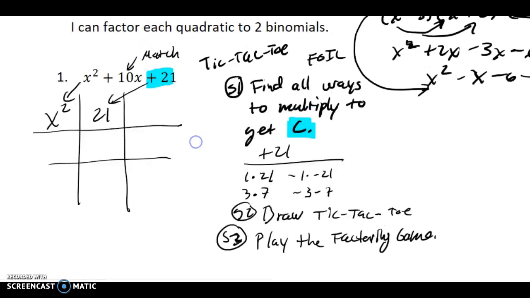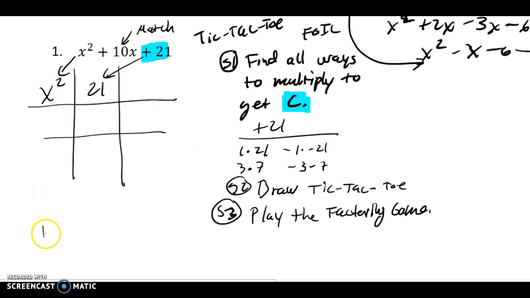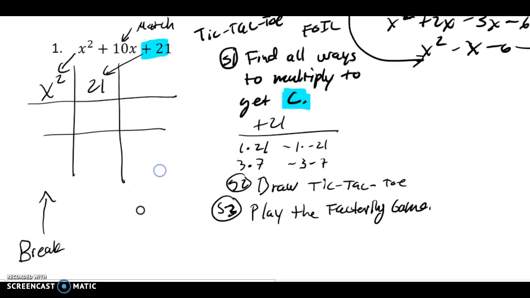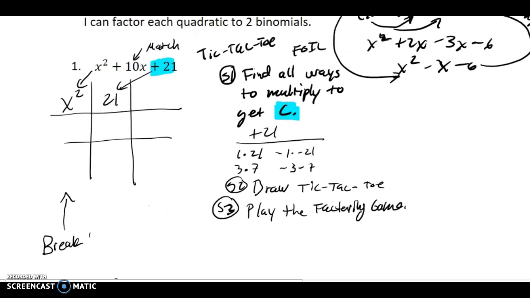So we match it. And then in this column here, we break down x squared. So that's x and x.